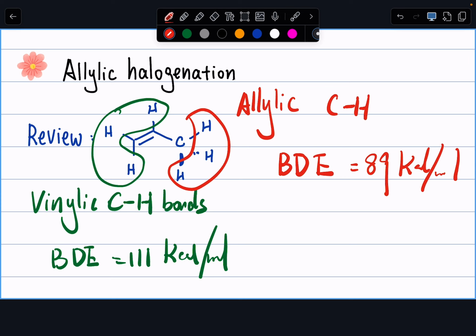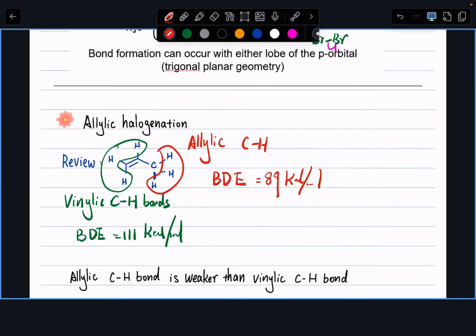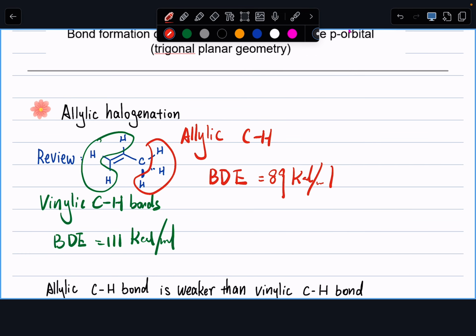All right, so the allylic CH bonds are much weaker than your vinylic CH and also much weaker than your sp3 CH bond. So that means when we have a reaction coming in, like a bromination or chlorination reaction, abstraction from the allylic CH bond is much more likely to take place.